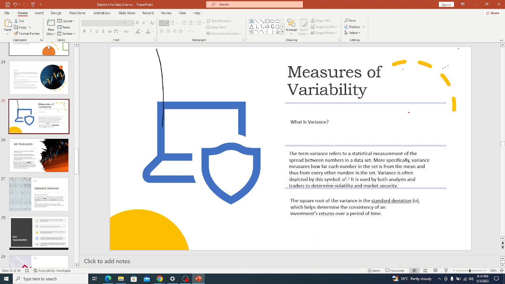But what if most of your data points are ranging between 10 and 20, and you find that your mean is 100? That means there is the presence of an outlier. So you will try and check what is affecting your mean.